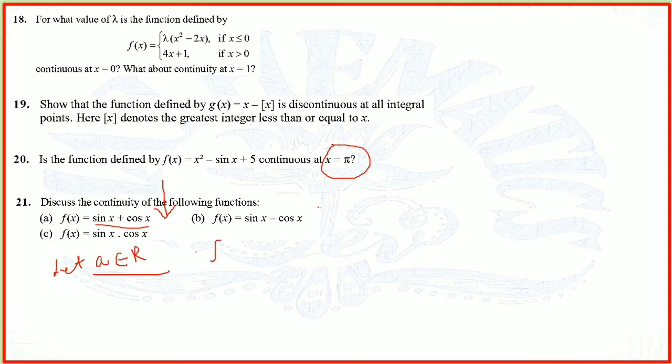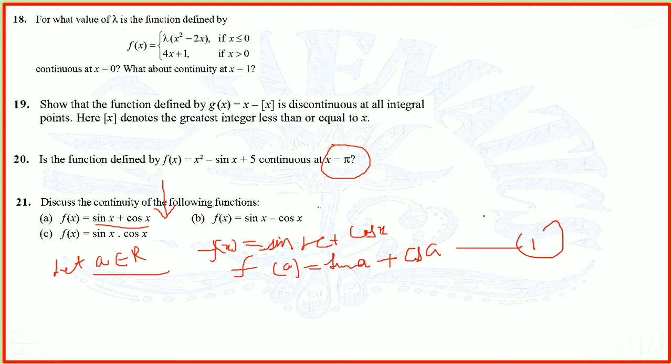So let the first function be f of x is equal to sine x plus cos x. So you will put f of a is equal to sine a plus cos a. This is equation number 1.